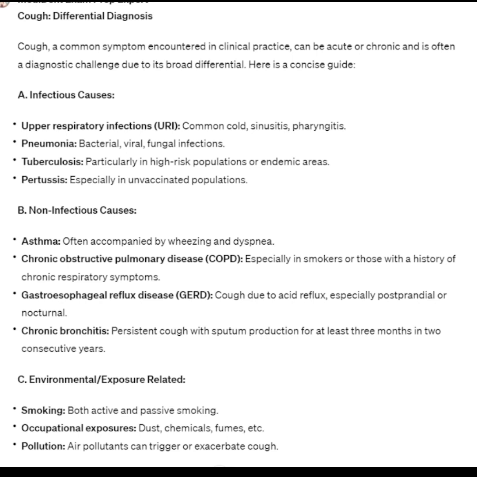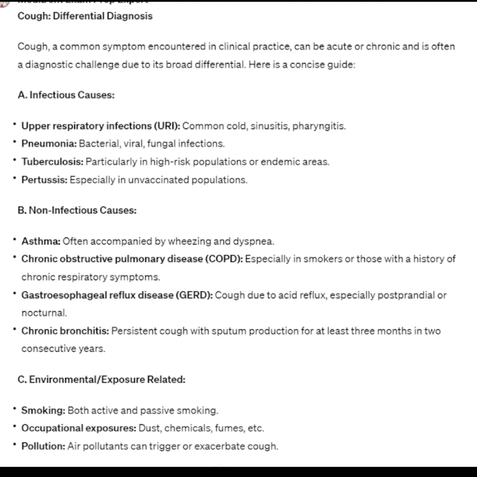D. Medication-induced. ACE inhibitors cause dry cough in a significant percentage of patients. Beta blockers can exacerbate respiratory conditions like asthma or COPD. E. Cardiac causes. Heart failure: cough due to pulmonary congestion, often accompanied by dyspnea and orthopnea. F. Miscellaneous. Foreign body aspiration, especially in children.